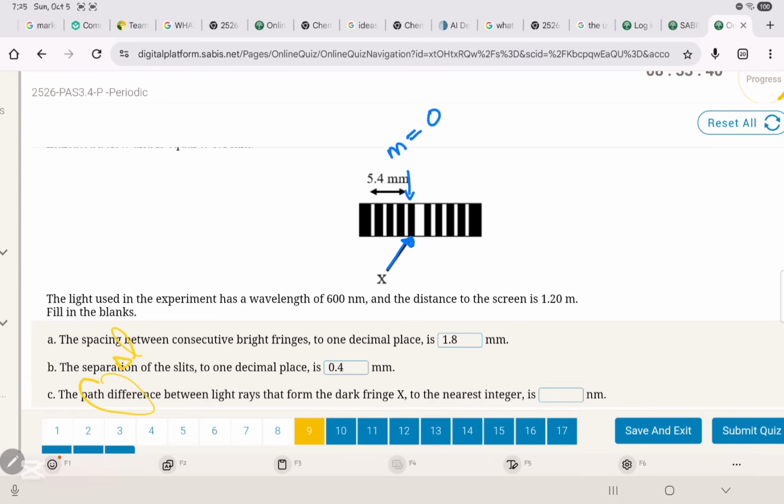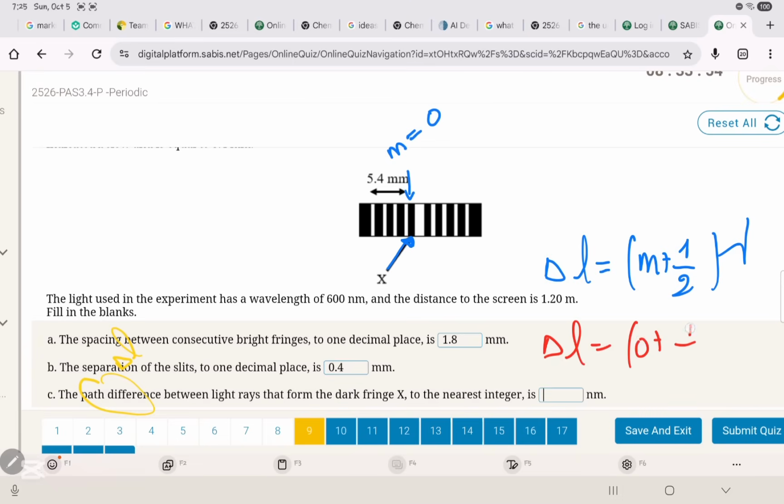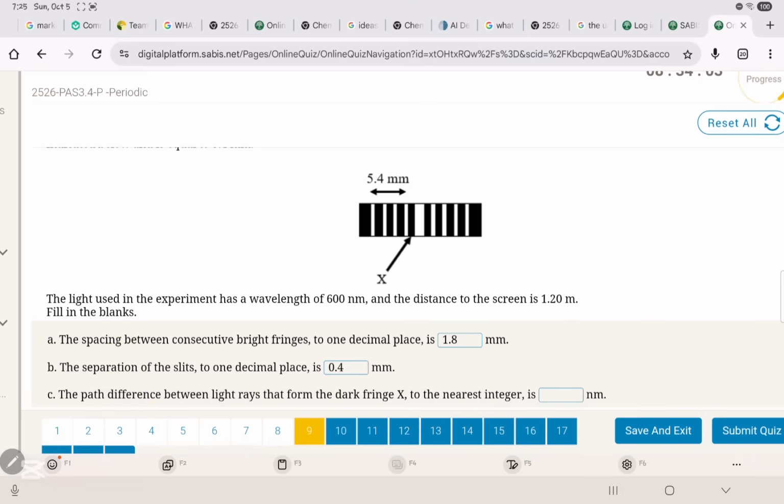And remember, the equation for the dark fringes is m plus half lambda. So delta L, which we need to find, is equal to 0 plus half lambda, which is 600 nanometers, then delta L is going to be half of lambda, which is 300 nanometers, very simply.